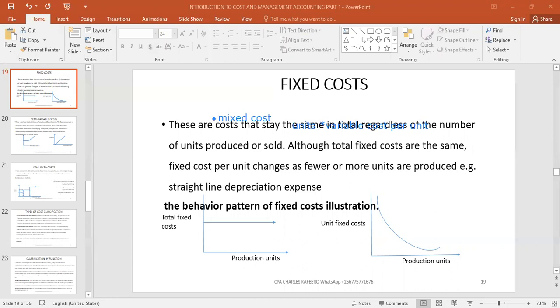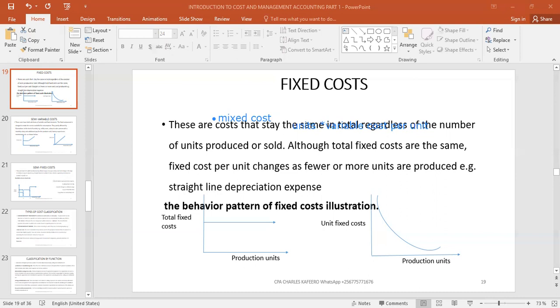So we say the total cost equals the fixed cost plus the variable costs. But remember, to get our total variable cost, we multiply the variable cost per unit times the number of output. So we assume that we are producing from 1 unit to 12 units.